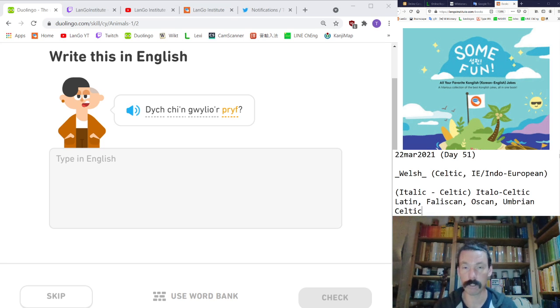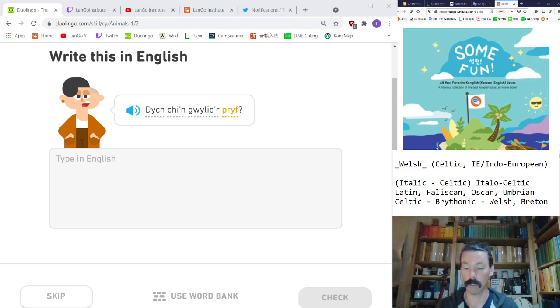But the modern ones that have come down fall into two groups. We've got Brythonic is the name of the group. That's the same name as Britain, and that's the one that Welsh belongs to, and also Breton in France. Now, a small endangered one. And then the other sister of Brythonic there, under Celtic, that has descendants spoken today is Goidelic or Gaelic.